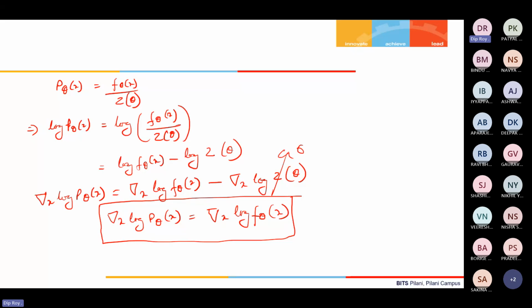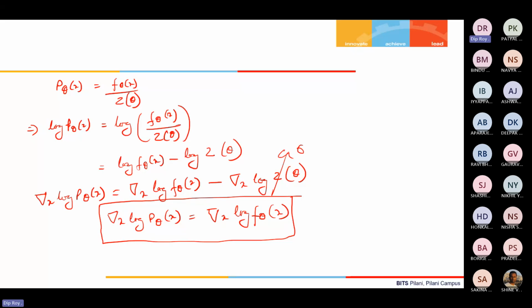Which means that if we are able to somehow take the gradient of the log of the entire unnormalized density, I mean, not the energy function, but the unnormalized function, it is going to be similar to the actual probability distribution.